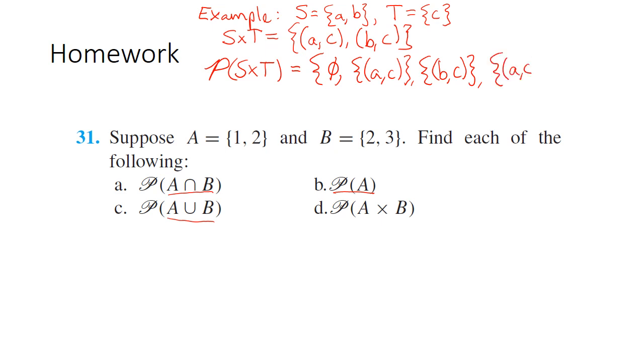Then I think of those ordered pairs as just really being single blocks. Don't look inside the ordered pair. Just think of it as one element, because it is. Okay, so that's the power set there, and you can do part D the same way.